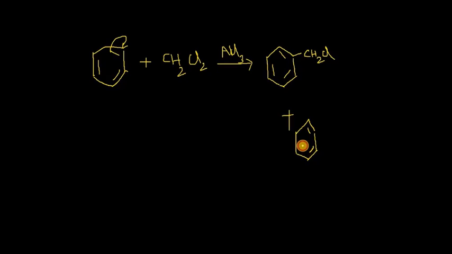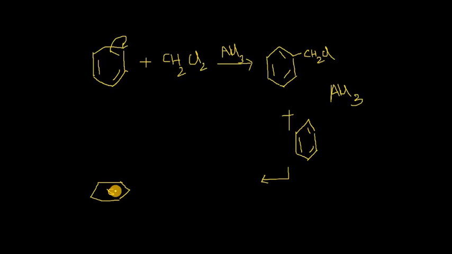This reaction continuously takes place and you can remove 1 more Cl from it. After removal of 1 more Cl from this compound benzyl chloride in the presence of AlCl3, what will happen? This CH2 linked with this benzene nucleus forms this product.